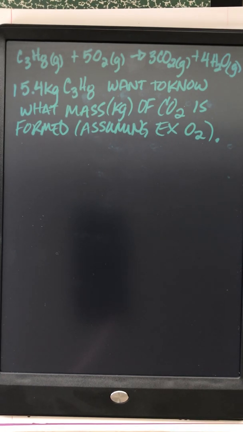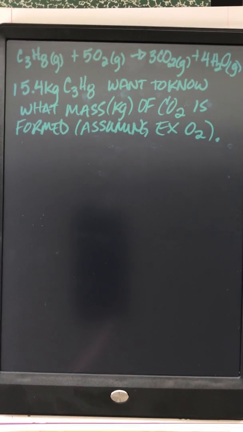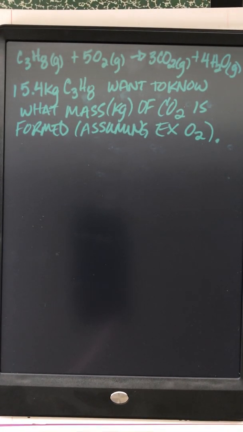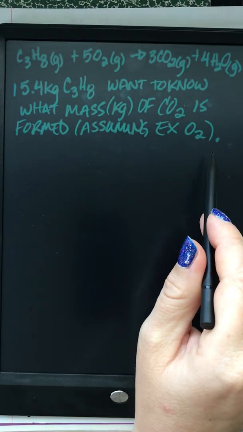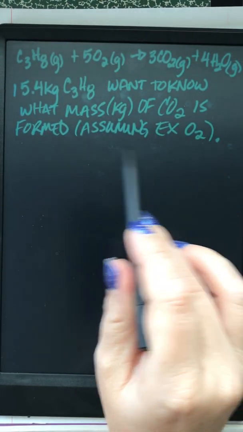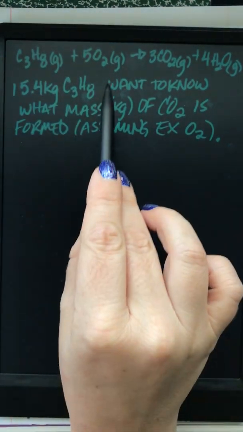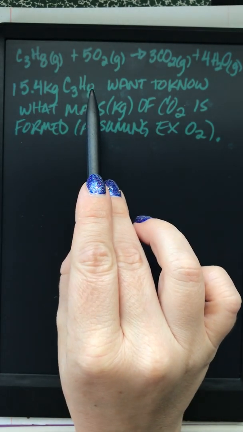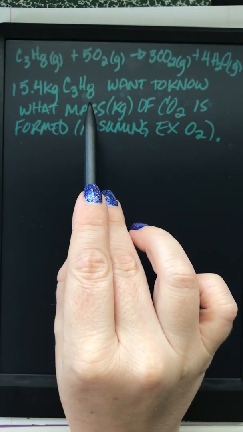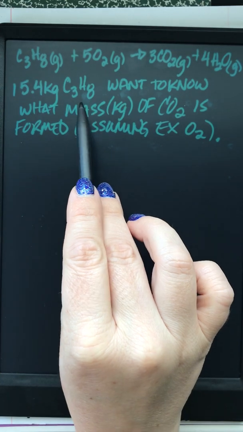Is it because that's what makes it a combustion reaction? Not quite. I mean, definitely having oxygen is a requisite for making this be a combustion reaction. But what we're saying when we say assume excess O2 is that our limiting reagent is propane. Does that make sense? Can you explain how again?